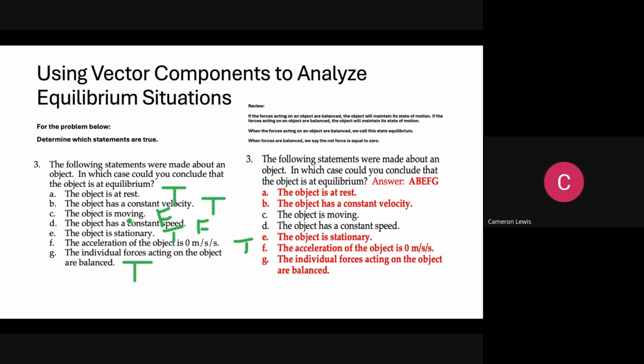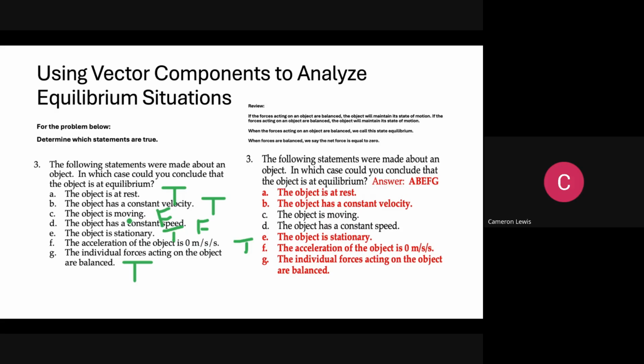The object has constant speed. Why is that one false? Did I say it correctly? How you can make a U-turn and technically change your acceleration? You know, it's funny. The first time you said that, I was like, wait, what? But now I know what you're talking about. Name a thing where you have constant speed, but you don't have constant velocity. Cruise control.